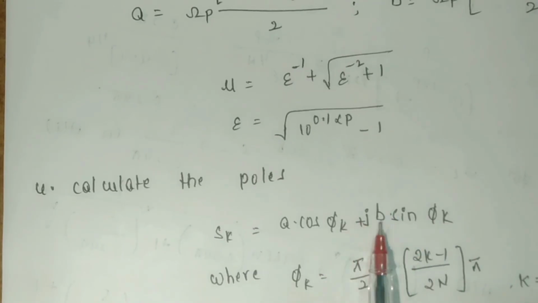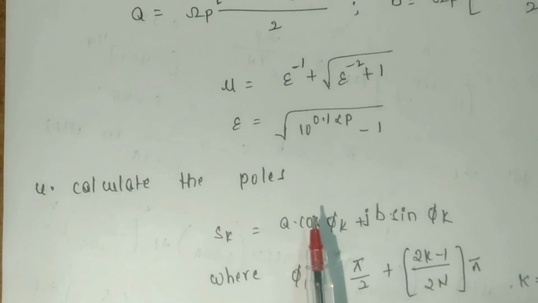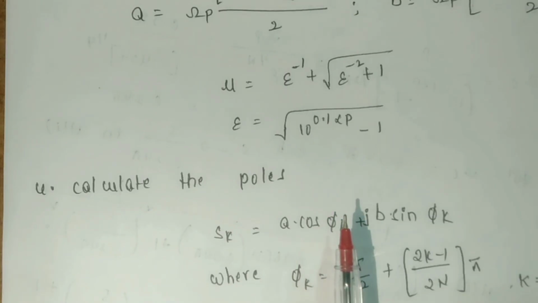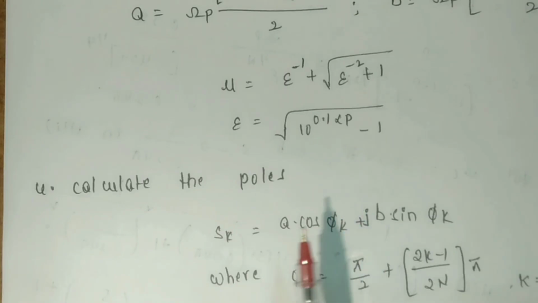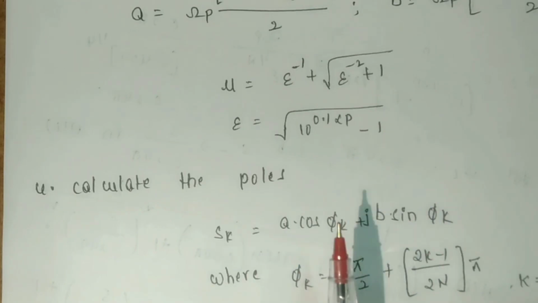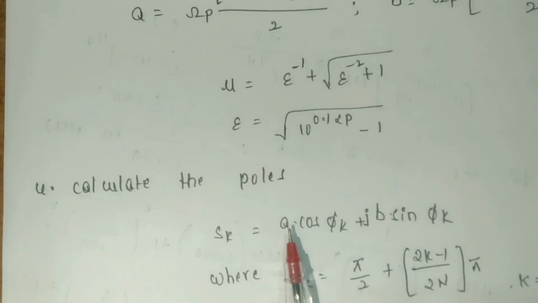Here a and b are the two parameters which decide the ellipse coordinates, because the poles of the Butterworth filter lie on a circle, but in the Chebyshev filter, the poles lie on an ellipse. So to decide the coordinates or the ranges of the ellipse, we use these two things, a and b.